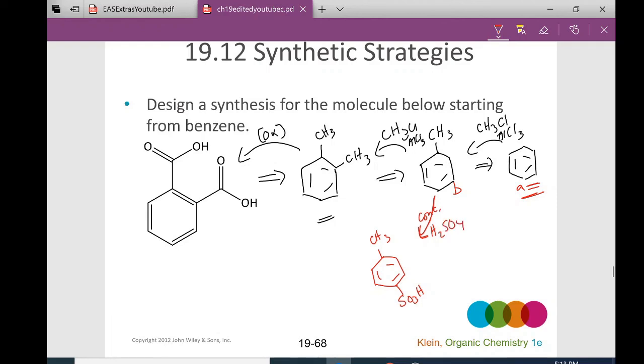Okay, so now that we have a blocking group, we can go ahead and add the second methyl group, so we're going to use chloromethane again.